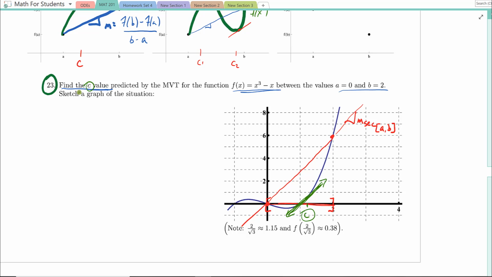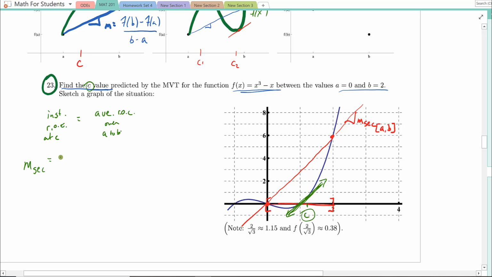So to do that, we just simply remember the expression that the instantaneous rate of change at C is equal to the average rate of change over A and B. So what I'm going to first compute is the slope of the secant line, which is f of B minus f of A all over B minus A. So in this case, B is being played by 2 and A is being played by 0.